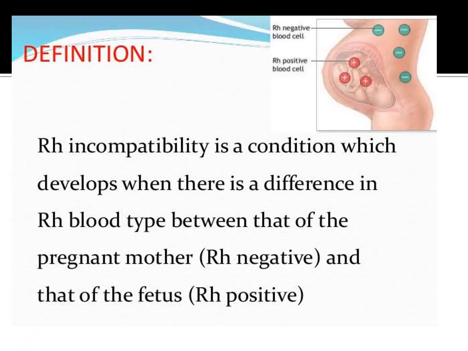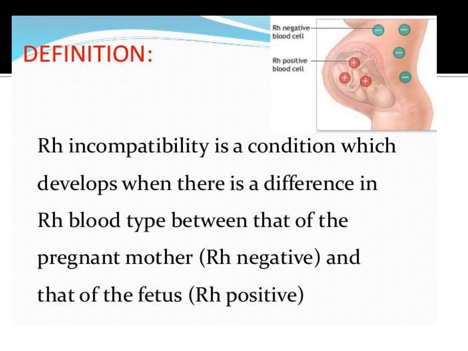This is incompatibility of RH factor, erythroblastosis fetalis. RH incompatibility has great significance in childbirth. If a woman is RH negative and the man is RH positive, the fetus may be RH positive, having inherited the factor from his father.